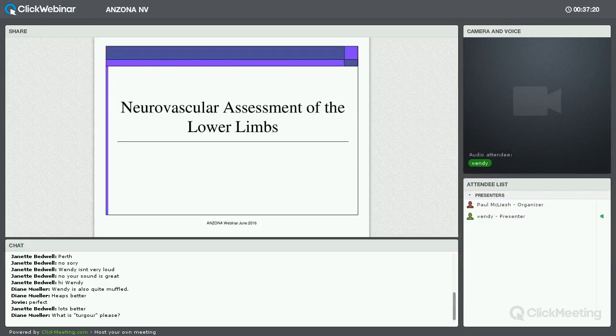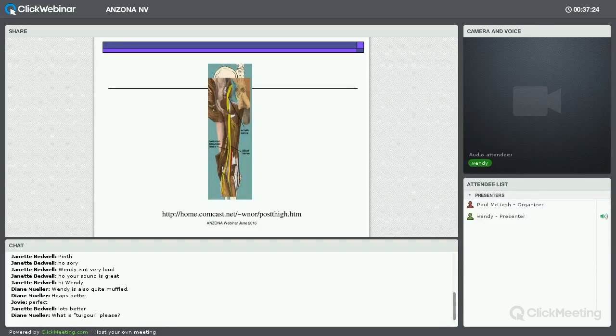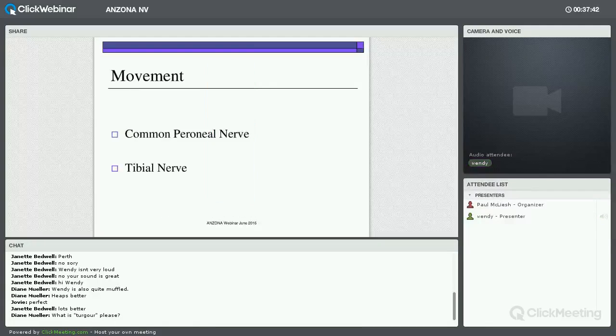Okay, moving on to our lower limbs. What we're assessing is we've got the sciatic nerve coming down, and then that bifurcates into two different nerves, so your common peroneal nerve, which further bifurcates, and your tibial nerve. And so it's peroneal and tibial that are the two main ones that we will be assessing for the lower limbs.